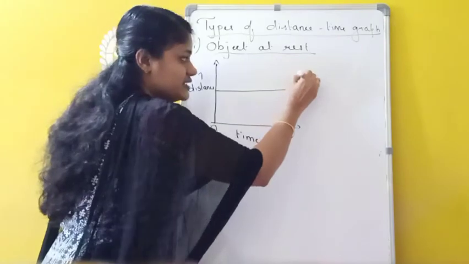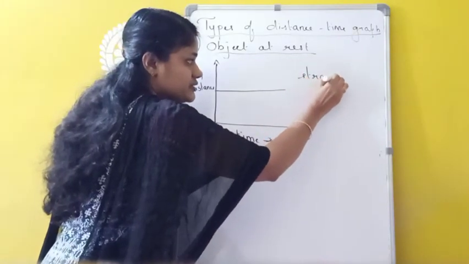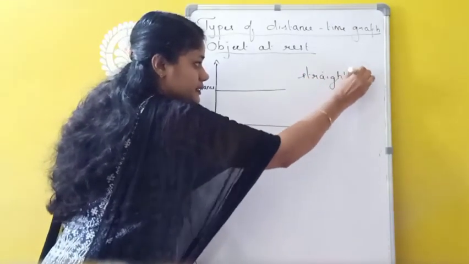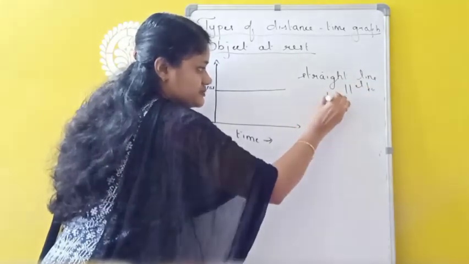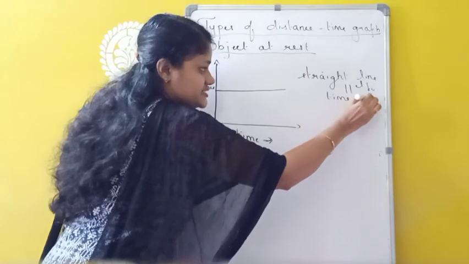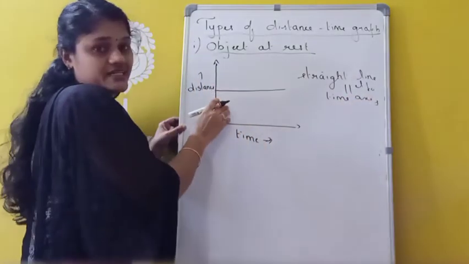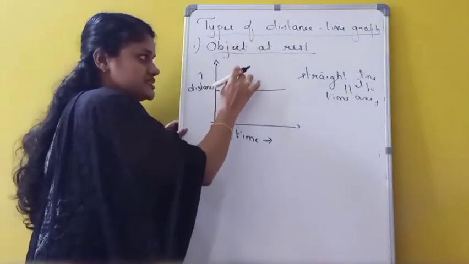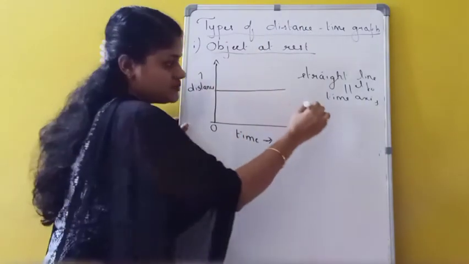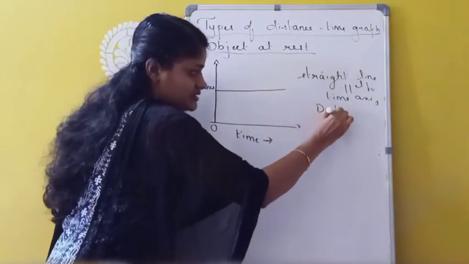So the graph is a straight line parallel to the time axis. So this is the graph for which one? The object at rest. Distance time graph for an object at rest. Suppose I am giving the values of distance and time like this.